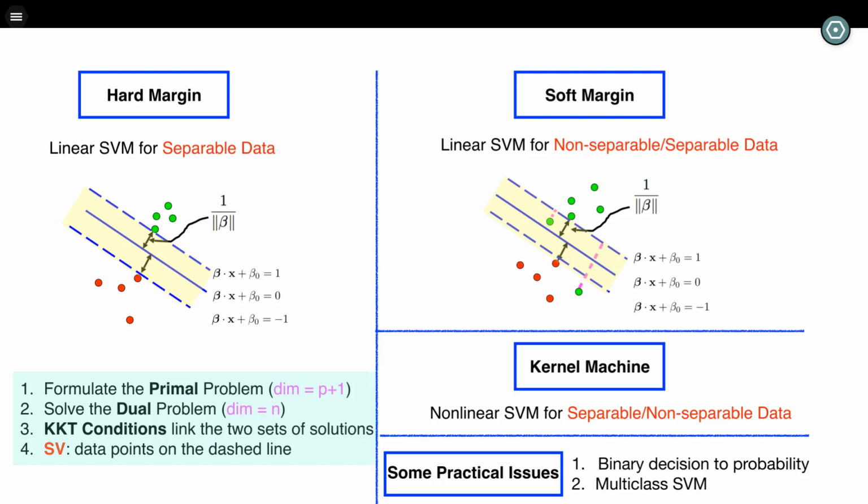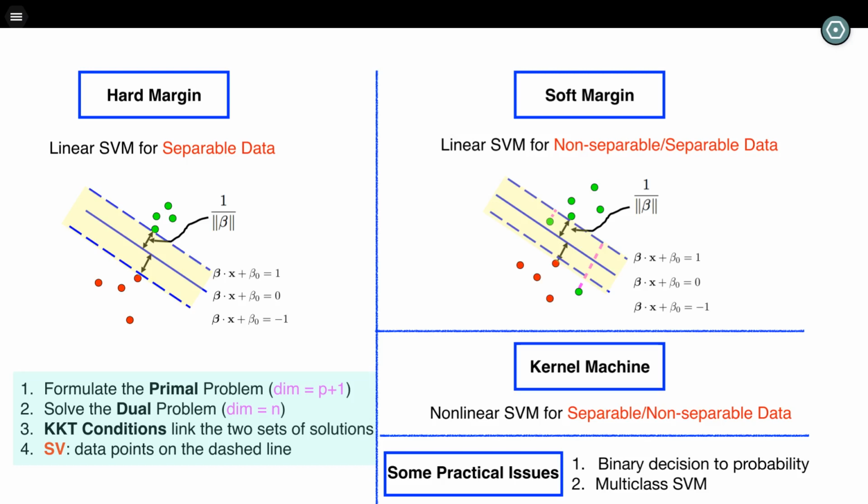So this is linear SVM for separable data. Again, quickly summarizing the flow: we formulate this max margin problem, which is our primal problem, and the parameters we aim to estimate are p plus 1, a linear function.